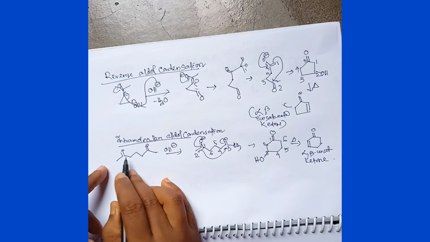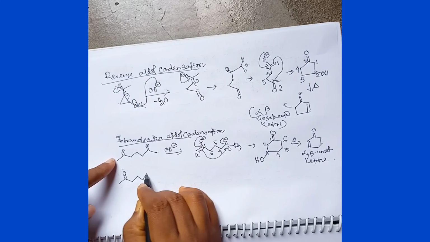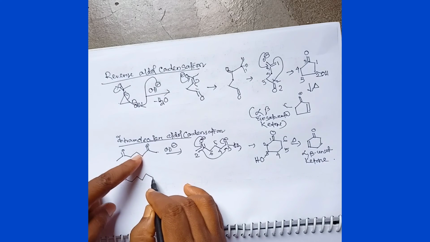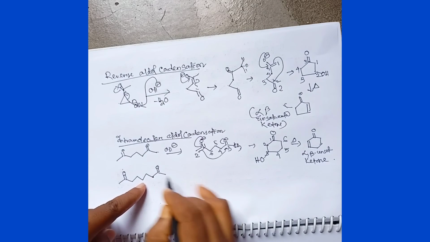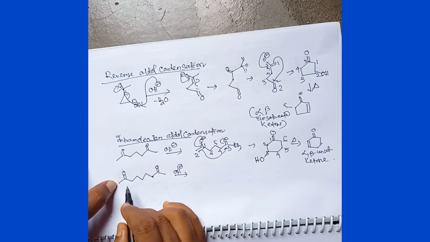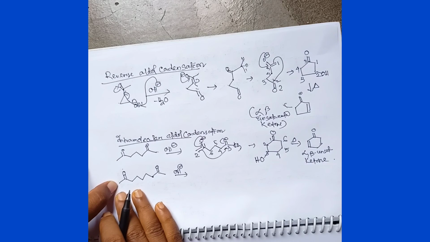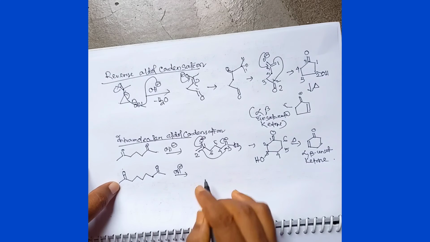Suppose I change this substrate molecule like this, with CO 1 2 3, then you might think abstraction of alpha hydrogen takes place from here. For instance, let us say alpha hydrogen abstraction takes place from here.